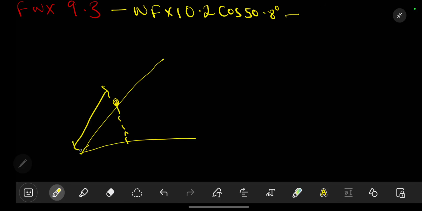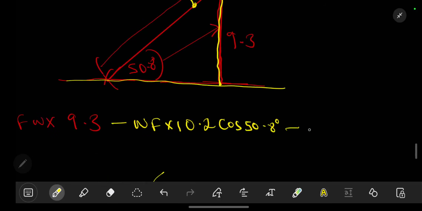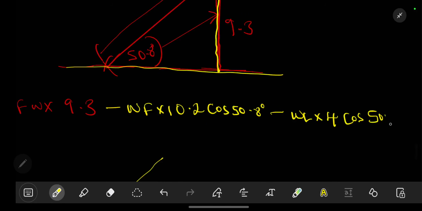From here up to here, it's 4 meters. So we are going to say the weight of the ladder times the distance where it's concentrated, which is 4. Then we attach the cos of 50.8, like that, should be equal to 0.